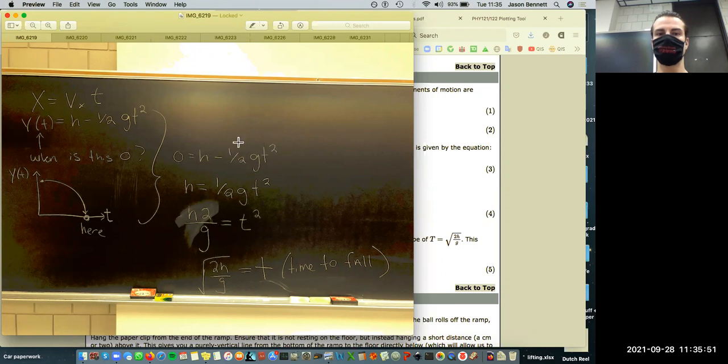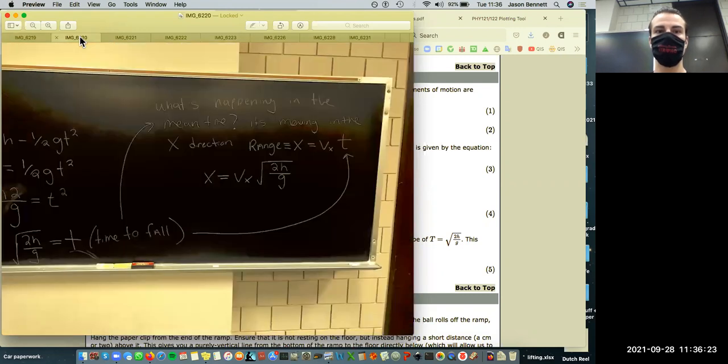So this is the distance change due to an acceleration acting on it. And we rearrange this equation, bring the h to the left-hand side, cross out the minuses. I bring this 2 from the denominator up into the other side, and I divide by g. And then I take a square root, and now I'm left with this formula, which tells me that the time it takes for the ball to leave the ramp and hit the ground is the square root of 2 times the height of the desk, over gravity.